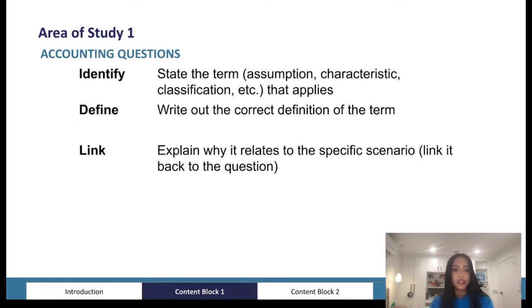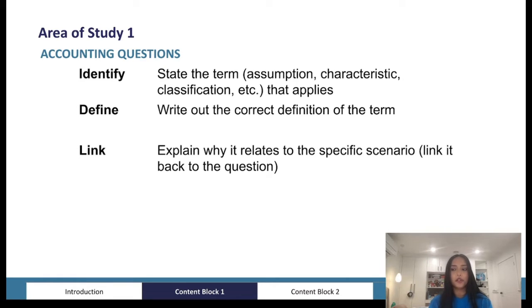And then thirdly, you also need to link it back to the specific scenario in the question. A lot of the times with accounting questions, there'll be a paragraph or a few sentences of background context, just like an introduction to the question before they actually ask you what they want to be asking you.